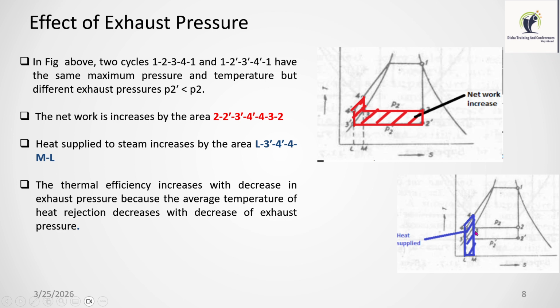While giving this additional heat, we are getting more work done here. This is the additional work we are getting, and less heat we are giving here. That's why the efficiency of the system will increase.